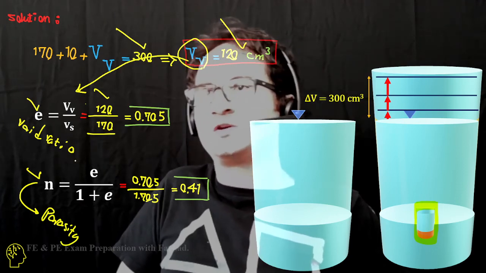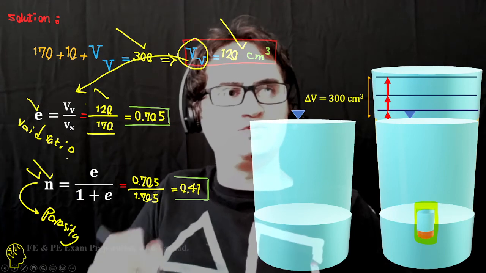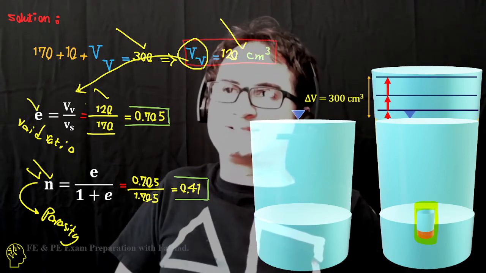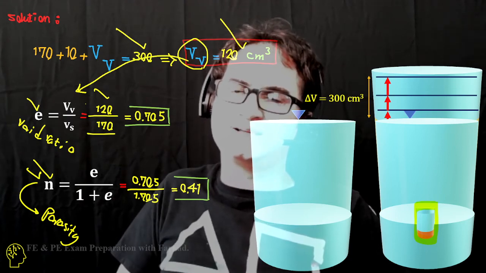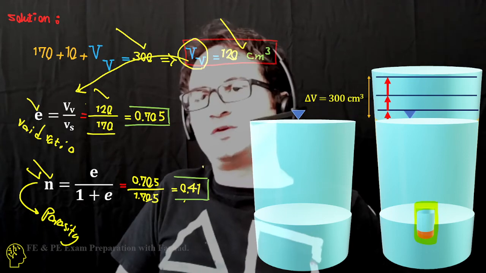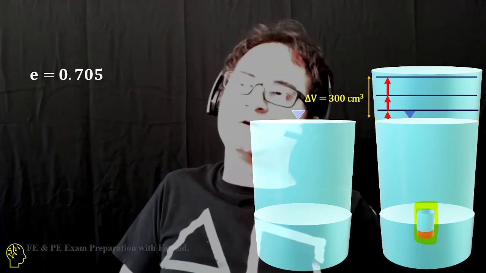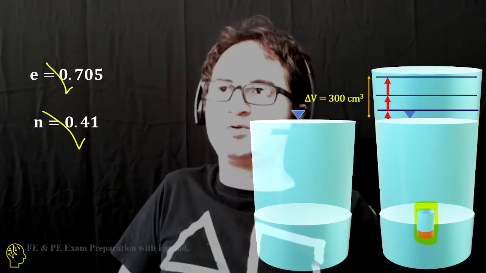As soon as we have the void ratio, we can calculate porosity, as they have a mutual interrelation. So that's 0.705 over 1.705, and that gives us 0.41 for the porosity of soil. Once more, e is almost 0.7 and n is 0.41.